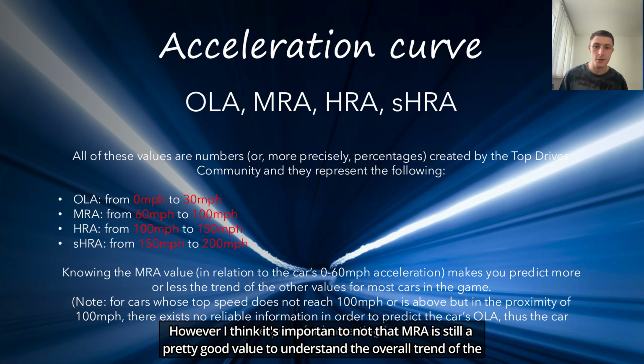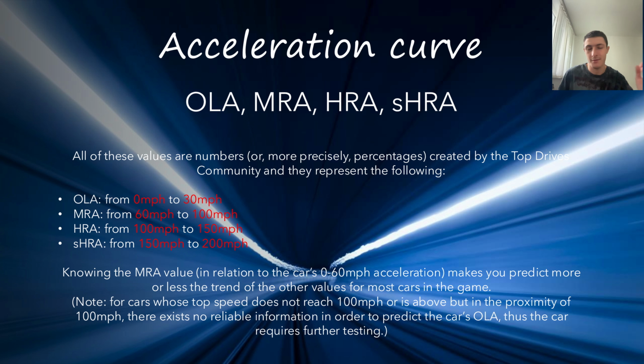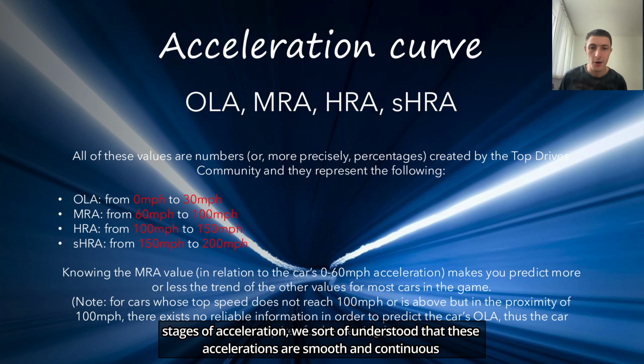However, I think it's important to note that MRA is still a pretty good value to understand the overall trend of the acceleration curve. This is because, from my personal analytics and analytics from other players with respect to the game's stages of acceleration, we sort of understood that these accelerations are smooth and continuous.